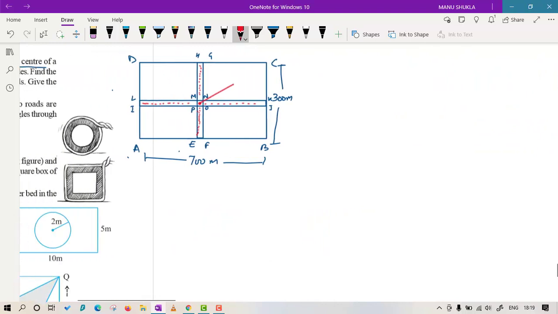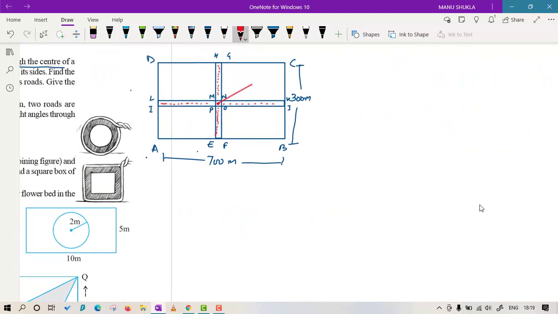So I can write like this. This much is 10 meters. Let me take a blue pen. This is given to us as 10 meters. This KJ is also 10 meters. This HG is also 10 meters, and this LI is also 10 meters because it is uniform. So class, tell me, if these are 10 meters, can we say MP is also 10 meters?